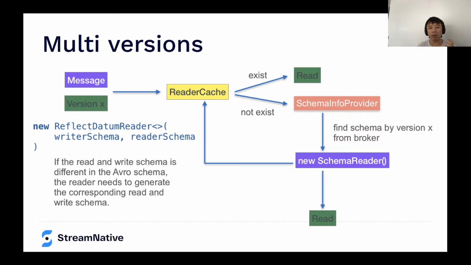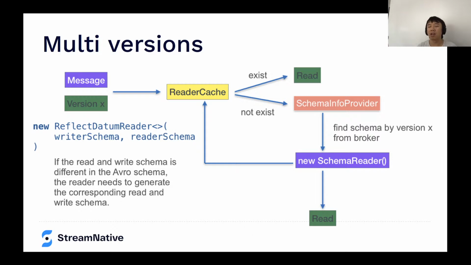So when the application wants to produce a message with one schema, it can look up the schema info map to get the right version, and then tag the message with the right schema version to produce. That allows you to use one single producer to produce different types of messages.